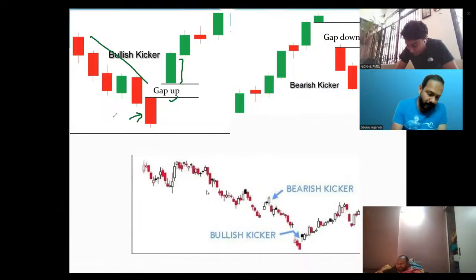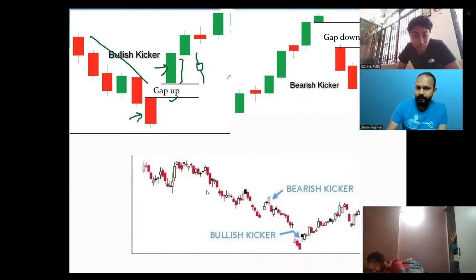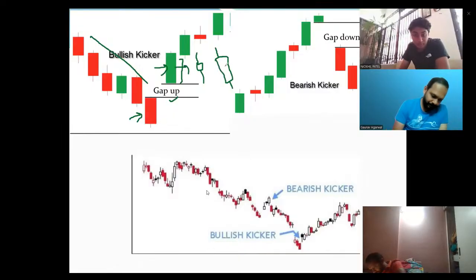So the next candle has to be green, right? Yes, the candle has to be green with volume, with a huge body. The candle should not be like this. Oh, okay. It should be a big body candle. It can be like this also, with a small lower wick, but the body has to be there.